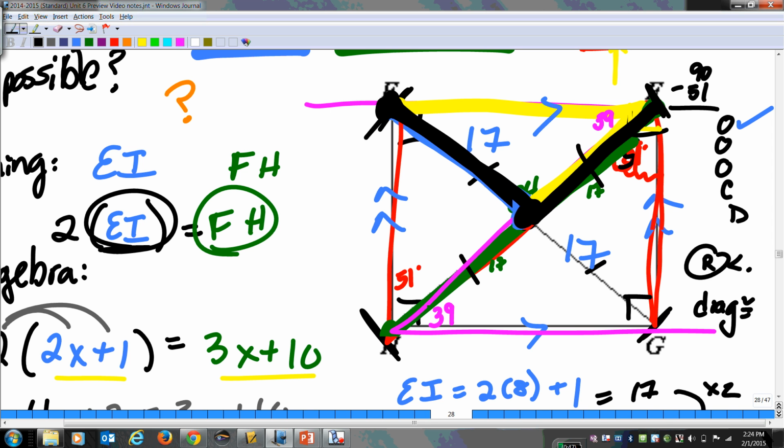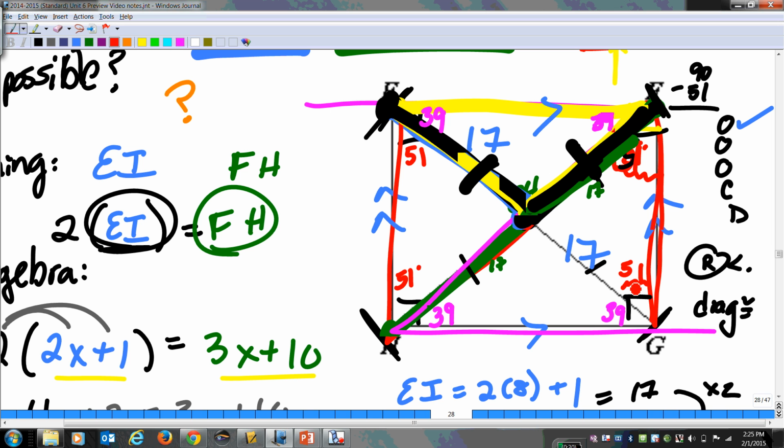E to I, F to I. Notice those hatch marks there? That, my friends, is an isosceles triangle. And if you have two equal sides, we have two equal angles, which means we can bring this 39 here as well, and down here. And that means we can also walk this 51 down here and down here.